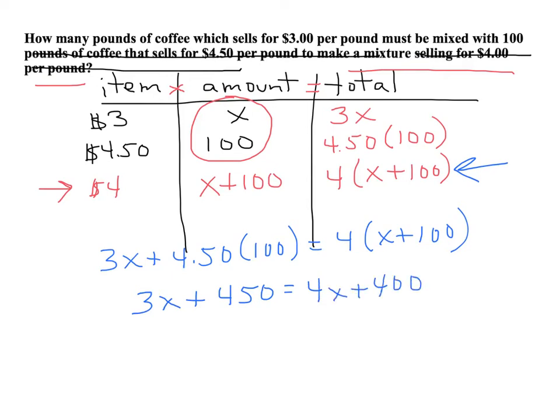If I subtract 3x from both sides, I'm left with x on the right hand side. If I subtract 400 from both sides, I'm left with 50 on the left hand side. So x is equal to 50. That means I need 50 pounds of $3 per pound coffee in order to make this work.